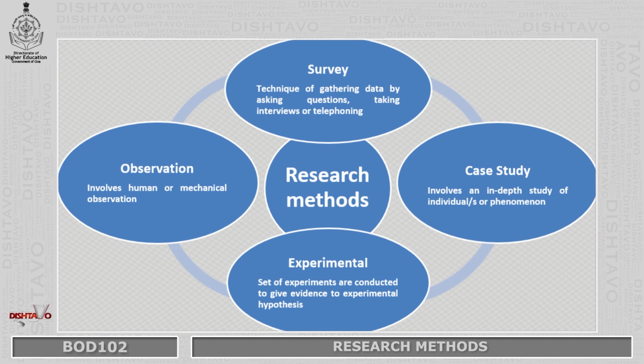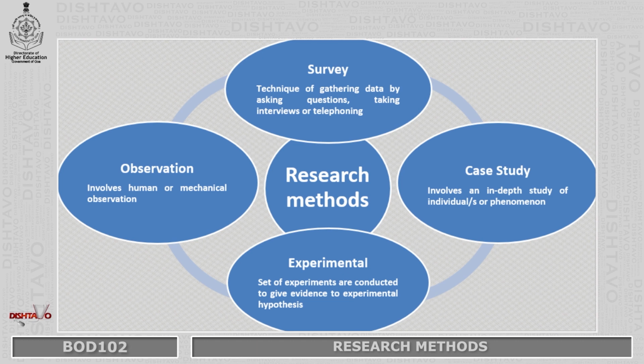Now, in this diagrammatic representation, you can see the research methods. Depending on your research problem, you can conduct a survey. What is the meaning of the word survey? Survey refers to a technique of gathering the data by asking questions, by taking interviews, or by telephoning the people. Next method is case study, which involves an in-depth study of individuals or a particular phenomenon.